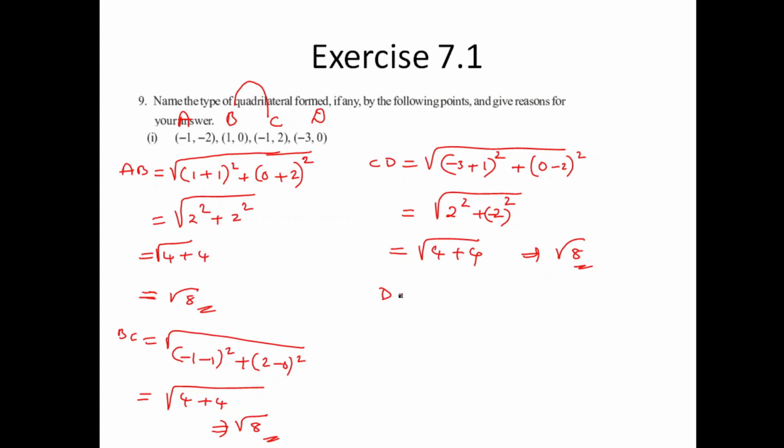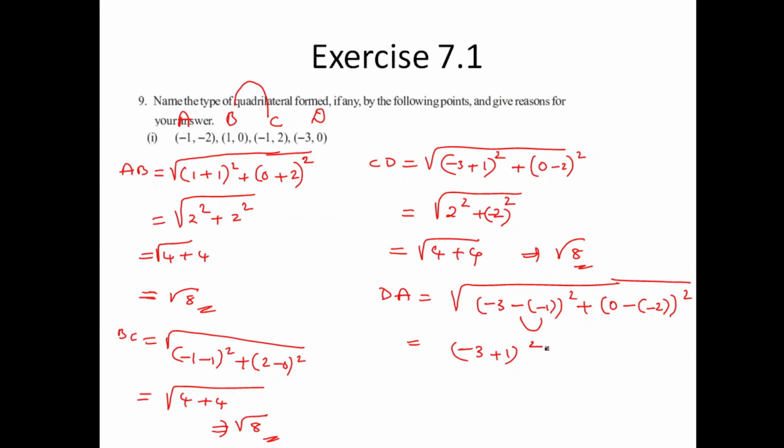So let me find the value of DA also. Now DA is x2 minus x1, where x2 is minus 3, minus of minus, whole square, plus (y2 minus y1) whole square, isn't it? So when I do this, I'll get (minus 3 plus 1) whole square plus, similarly, 2 square left out.